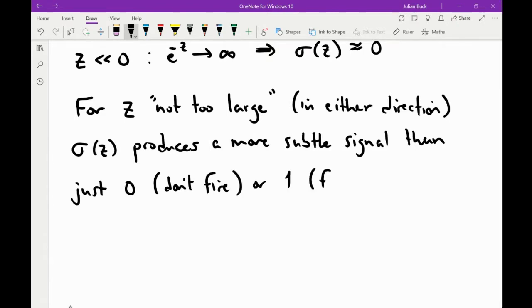You're getting some value in between. In particular, you can think about it as a probability.